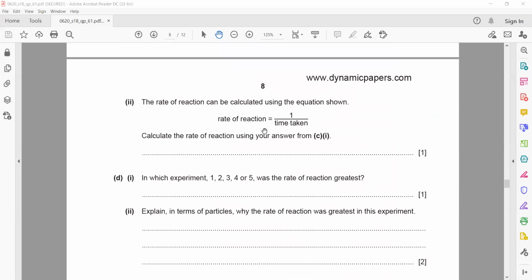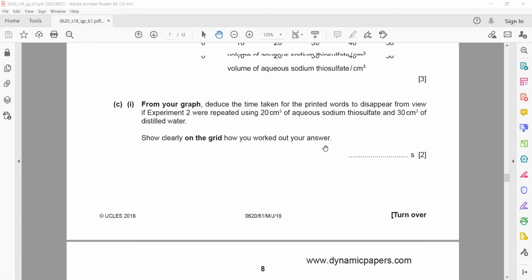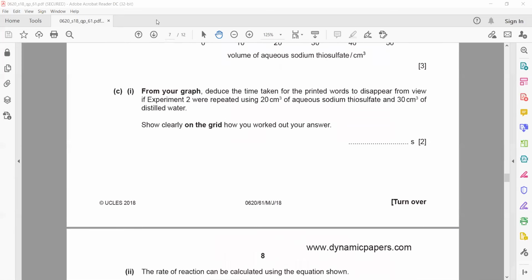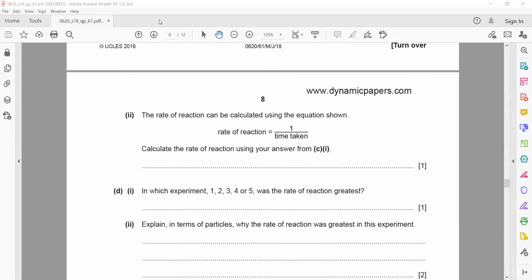The rate of the reaction can be calculated by using the equation shown. Rate is equal to 1 divided by time taken. Calculate the rate of a reaction using your answer to C1. For example, this was 135 seconds. Then we need the rate. So rate is 1 over time. So 1 divided by 135, what will be the answer?